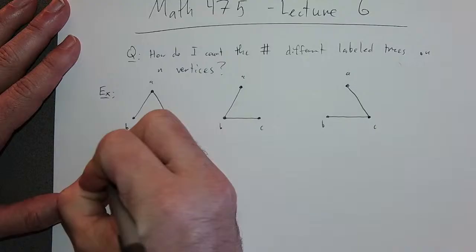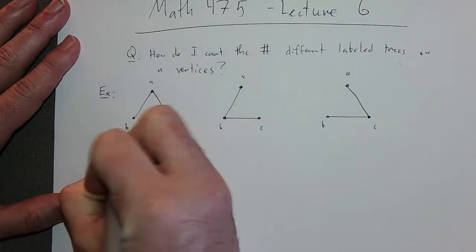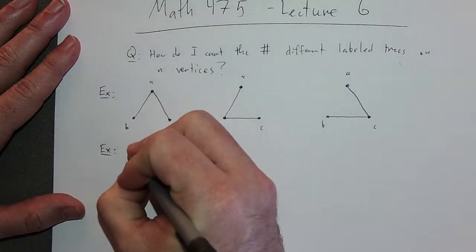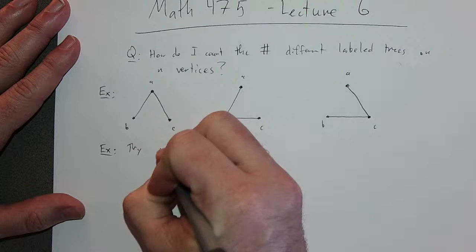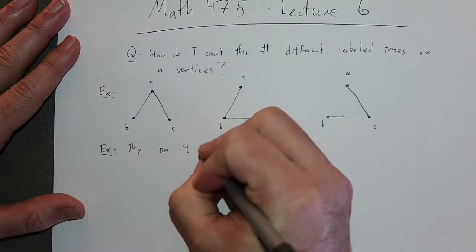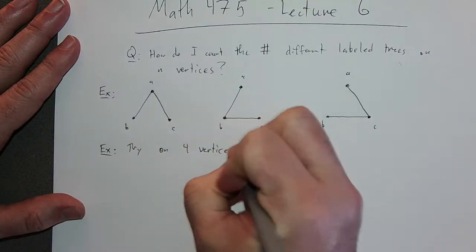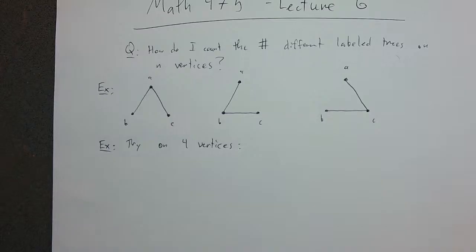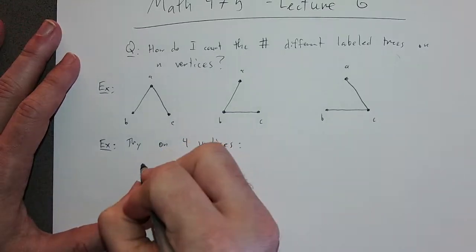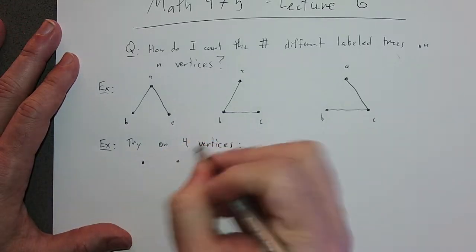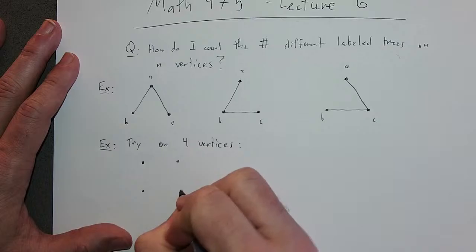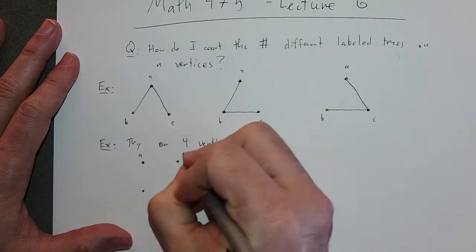What about 4 vertices? So let's label my vertices A, B, C, D. Might as well.